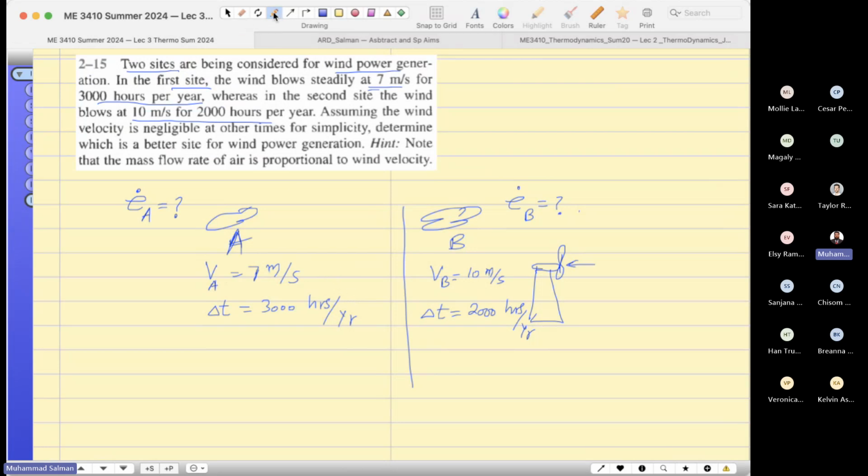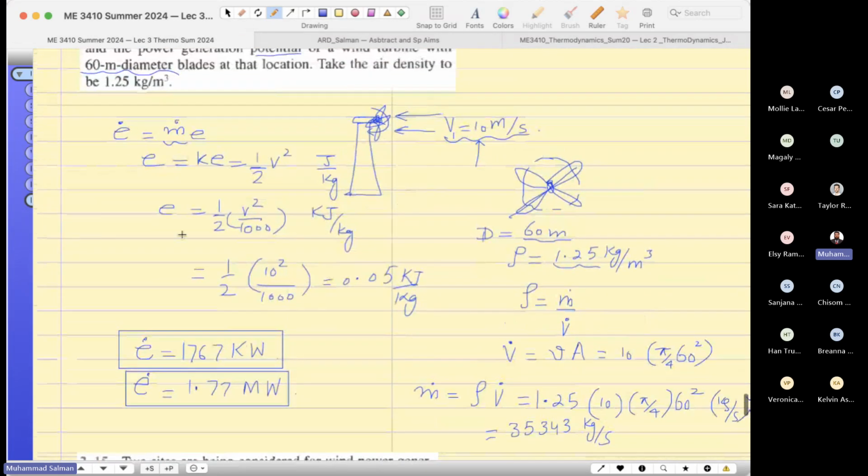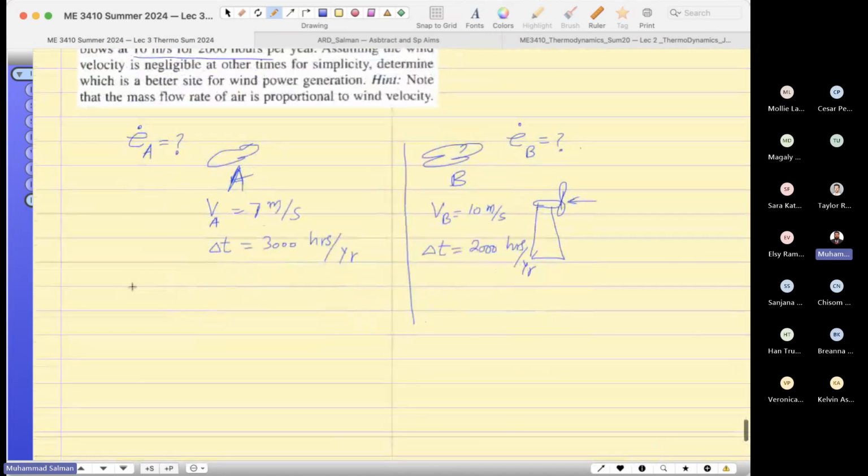What did we do? We used this formula to find out the energies per unit mass. So let's do this: half V square divided by 1000. Why am I dividing by 1000?